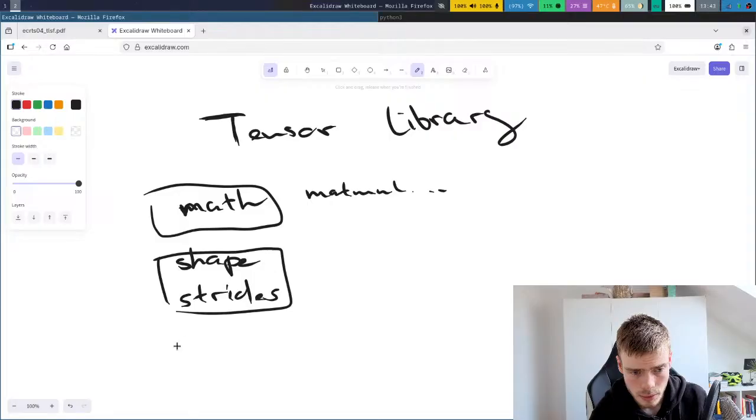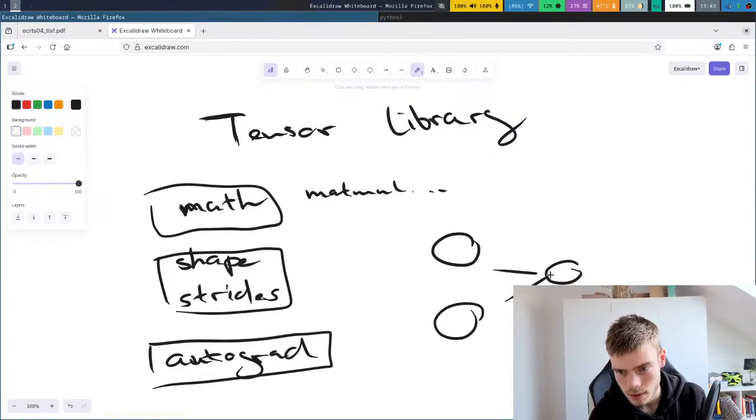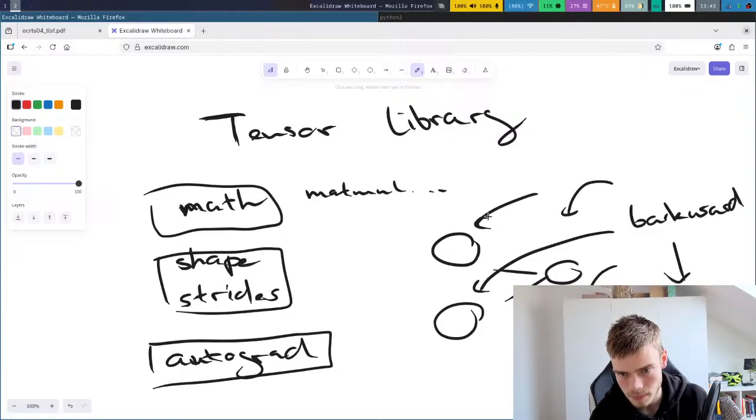And then of course we want something like autograd. So I want to build a graph, and then on the final node I want to call backward. Then I want to get the gradients for all of the inputs, all of the leaf nodes, to train a neural network, for example.